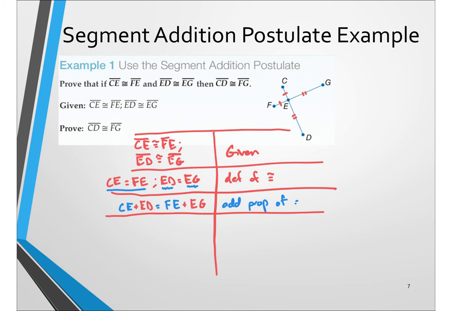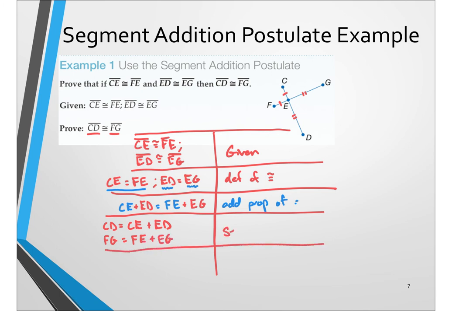Well, let's look at where we're trying to go. I'm trying to get CD and FG somehow. Okay, well, by the segment addition postulate, I know that CD is equal to CE plus ED, and I know that FG is equal to FE plus EG.